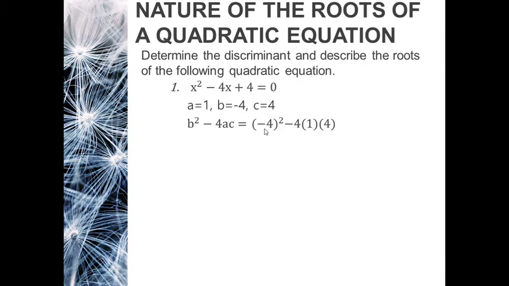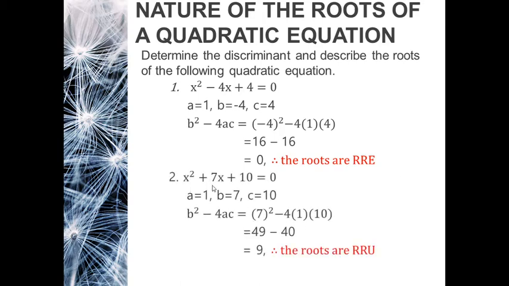So we have negative 4 squared minus 4 times 1 times 4. Negative 4 squared is 16 minus 4 times 1 is negative 4 times 4. So we have negative 16. So 16 minus 16, our discriminant is 0. Therefore, the roots are RRE, or real, rational, and equal.